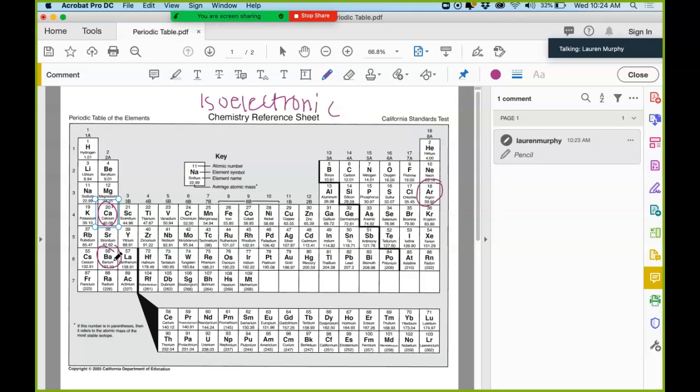And then when barium loses 2, it's isoelectronic with xenon. Obviously, this means the barium ion would have 5 rings of electrons now, while the calcium ion would only have 3. So obviously, the barium ion is larger. Okay, so let's remember that terminology of isoelectronic.